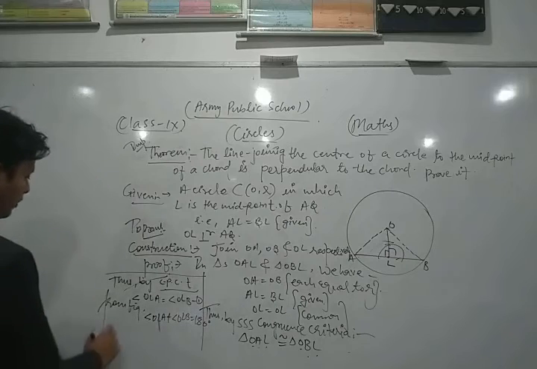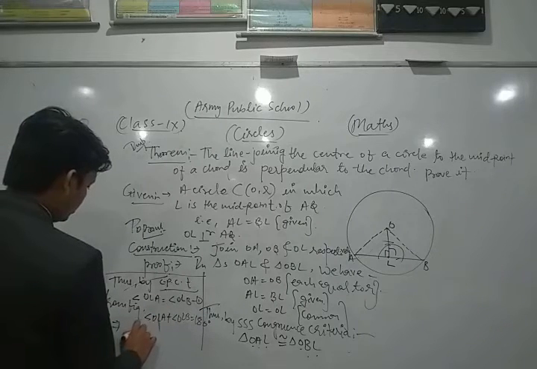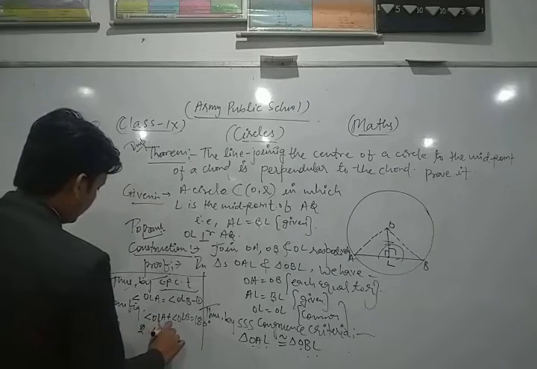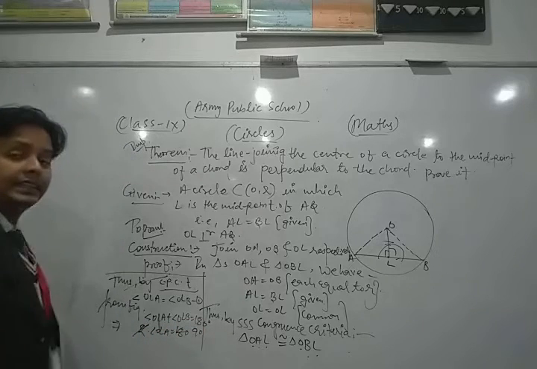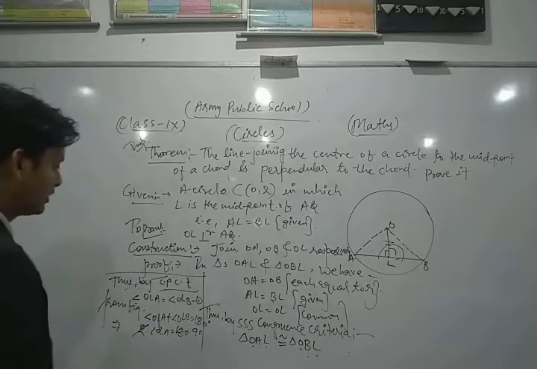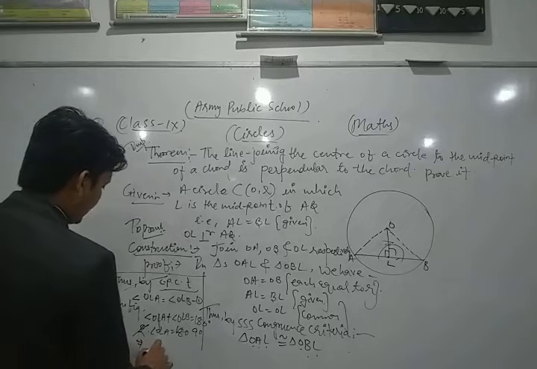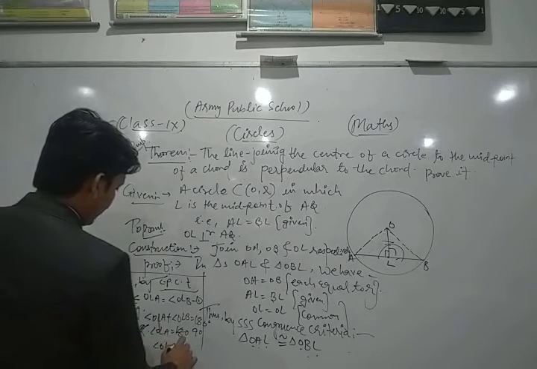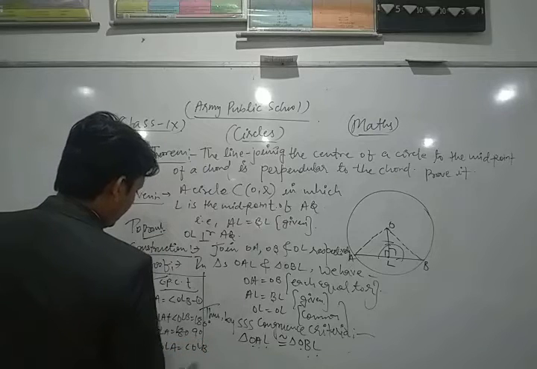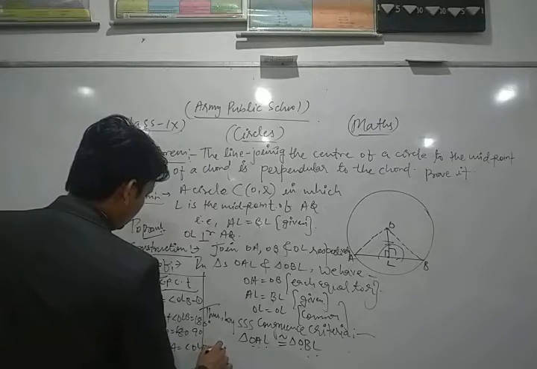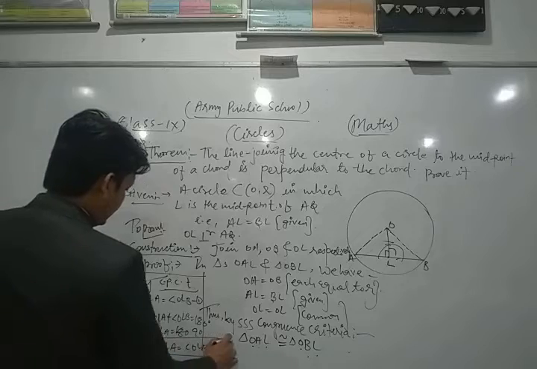Now using equation 1, we put OLA equal to OLB, so 2 times angle OLA is equal to 180, so that is 90 degrees. Thus, from 1, angle OLA is equal to angle OLB is equal to 90 degrees.